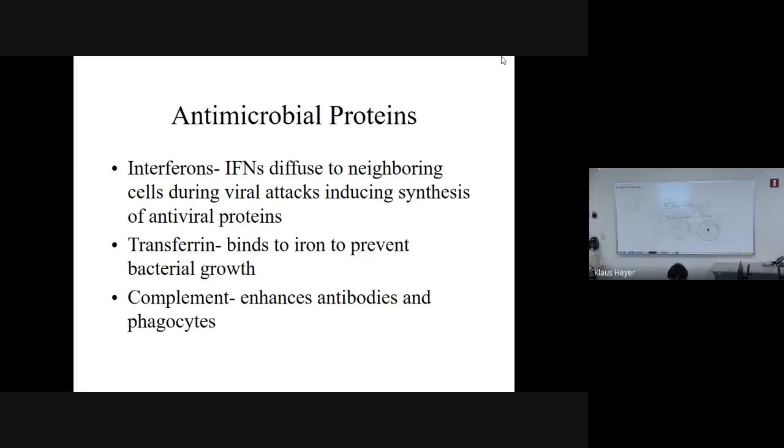If you can grab the iron and keep it away from them, then you can prevent their replication. There's something similar in breast milk, lactoferrin, it's released, and it does the same type of thing.